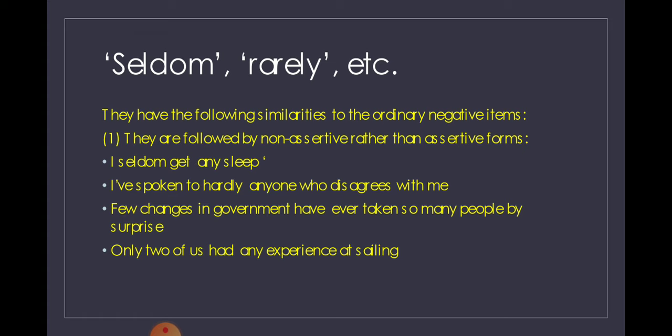They are followed by non-assertive rather than assertive forms. So we use non-assertive forms after these words rather than assertive. I seldom get any sleep. Here we use the word any with seldom. We did not use the word some here because seldom is a semi-negative word.